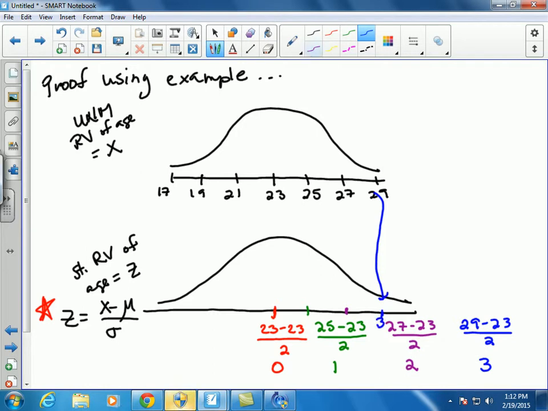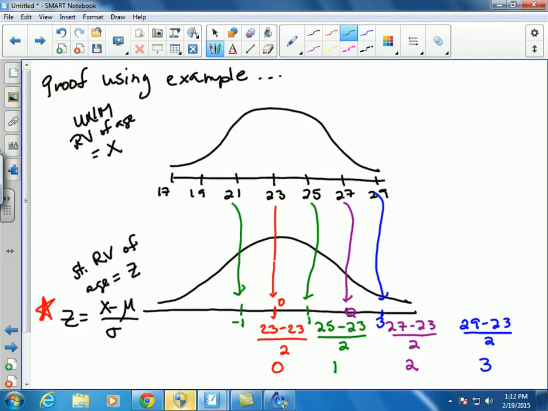I turned 27 to be 2, and I turned 25 to be 1, and then I turned the mean to be 0. I can do that the same way over here, right? This is transferring to -1.